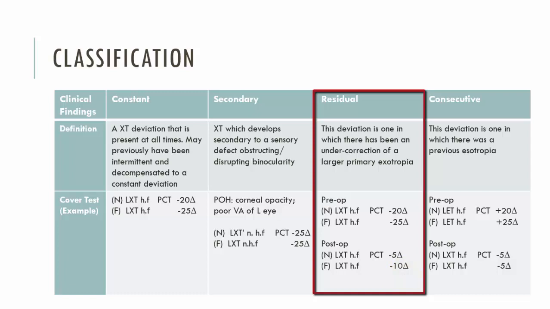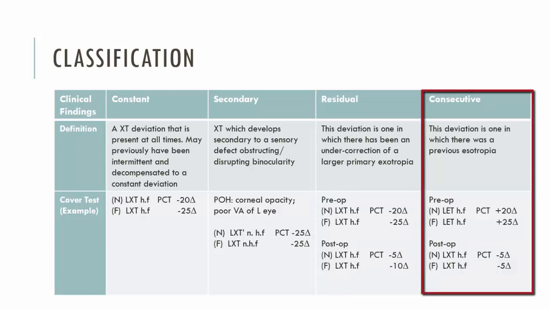In the cover test result here, it's a residual constant exotropia. For the consecutive, we have an exotropia post-operatively, but the deviation was actually an eso prior. So we see here preoperatively an esotropia of 20-25, and then post-operatively there's been an overcorrection, in which case we now have a left exotropia of 5 diopters.